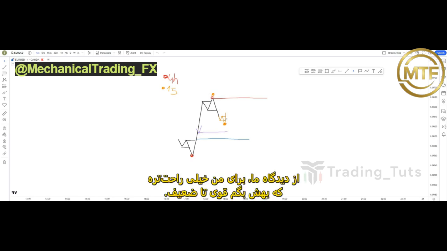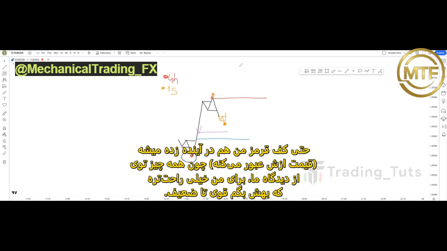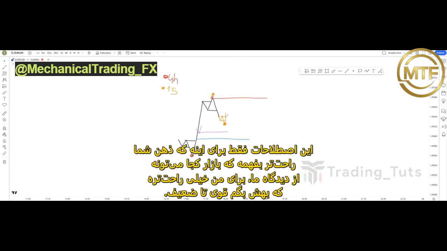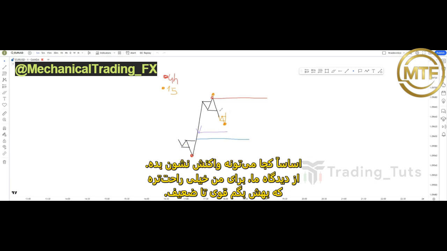From my perspective, it's much easier for me to call it strong than weak, because at the end of the day, everything is liquidity. Even my red low in the future will get taken, because everything is liquidity inside the market. These terms just make it more clickable for your mind to understand where the market can potentially lead.